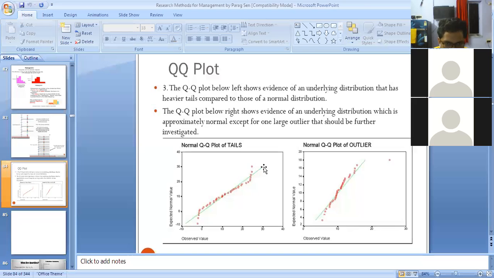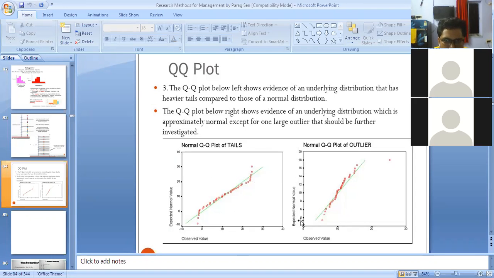Suppose this here is a straight line. If your QQ plot is like this, you can see that the data is not normally distributed.